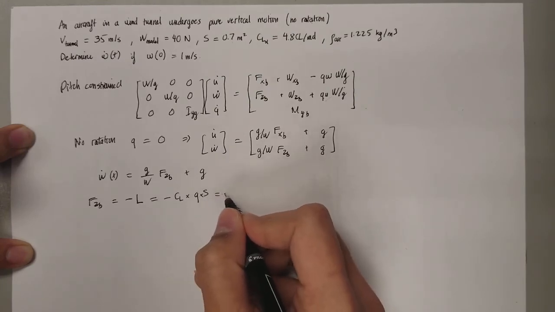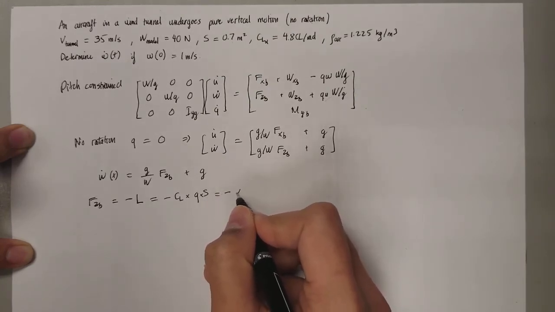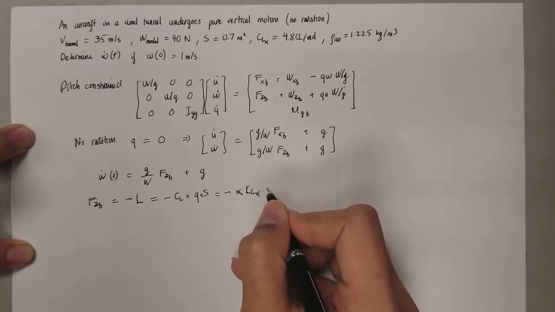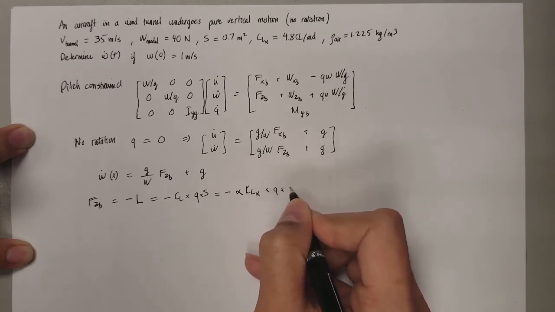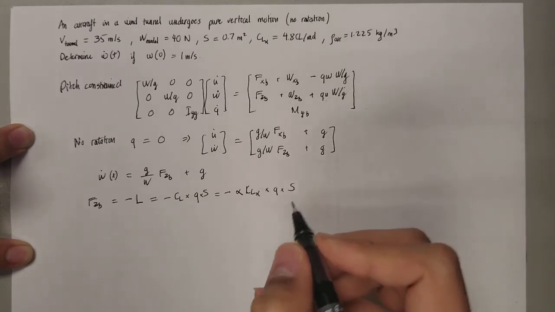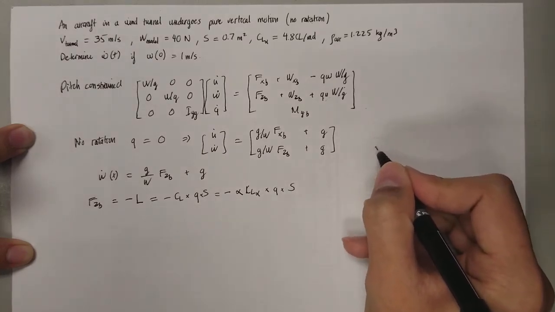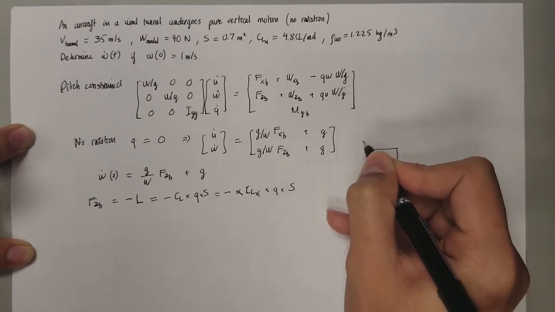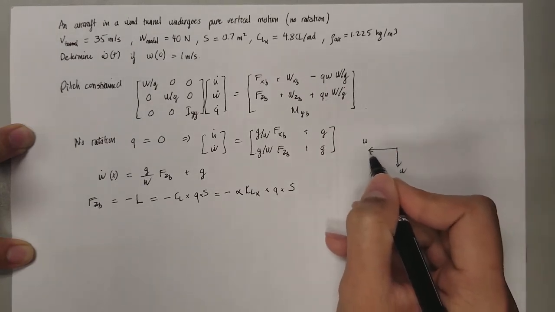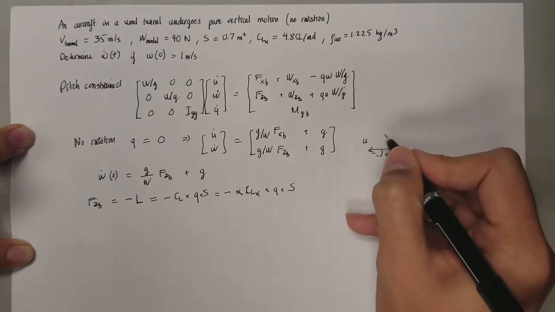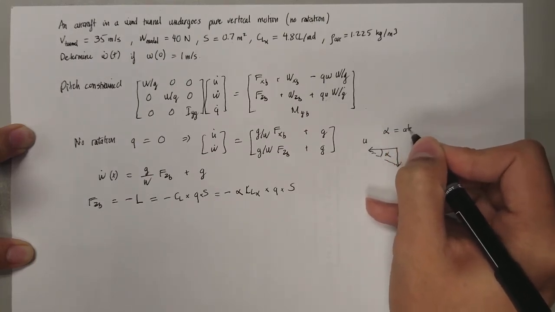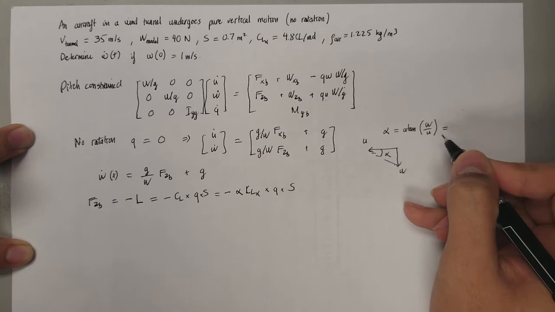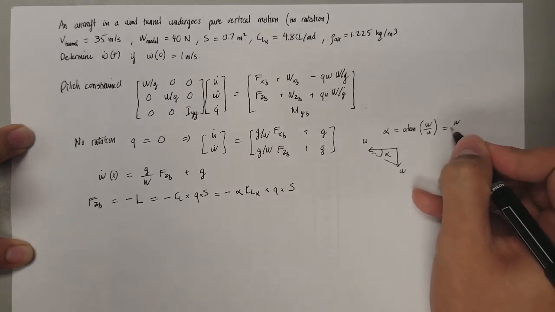When you rewrite this equation, it's going to be negative CL alpha times alpha times qS. If you still remember, when the aircraft undergoes motion in U and W, the angle of attack alpha is the tangent of W over U, and using the small angle approximation, it's just going to be W over U.